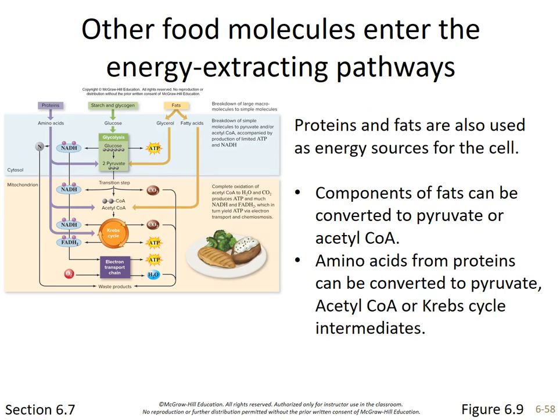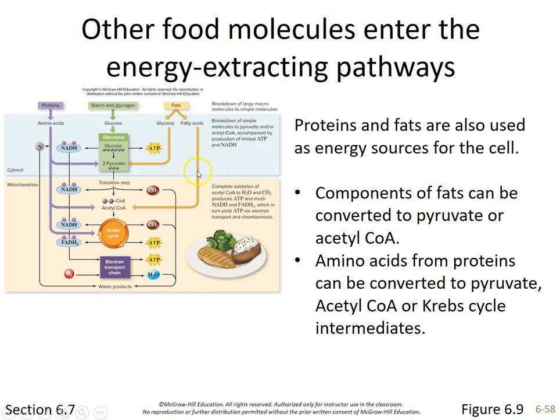Okay, proteins and fats are also energy sources for the cells. So fats can be directly converted to pyruvate or acetyl-CoA. Amino acids from proteins can be converted to pyruvate, acetyl-CoA, or Krebs cycle intermediates.